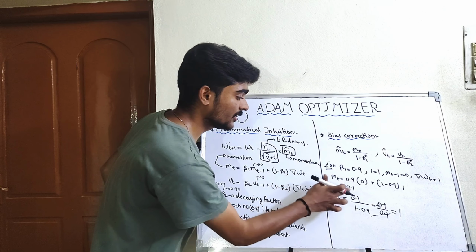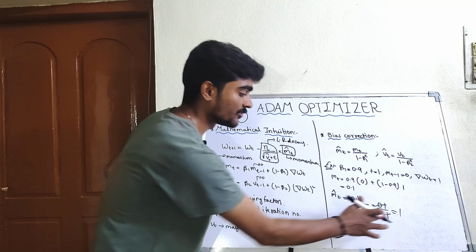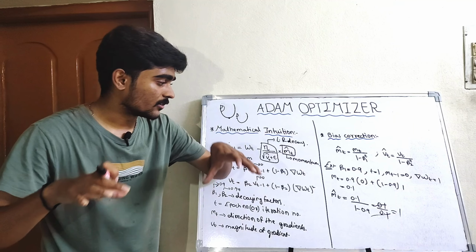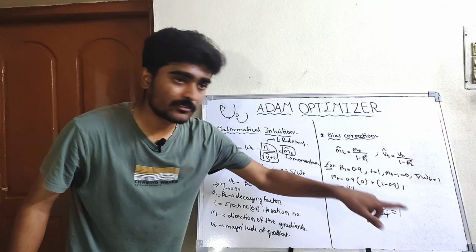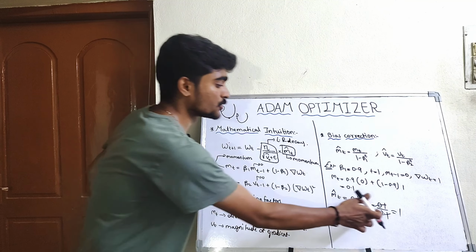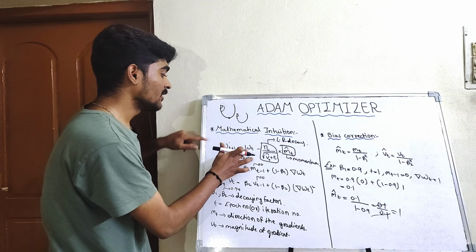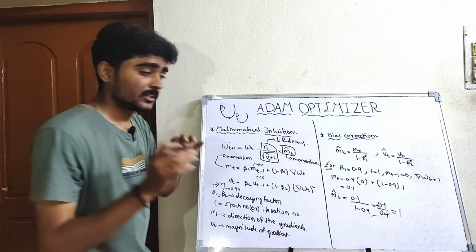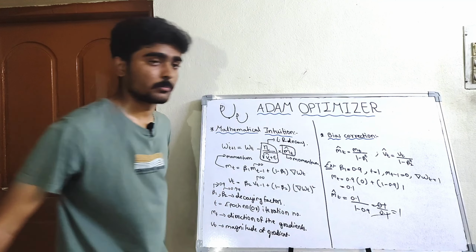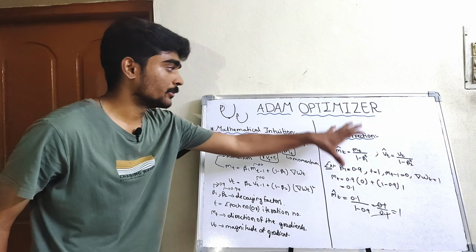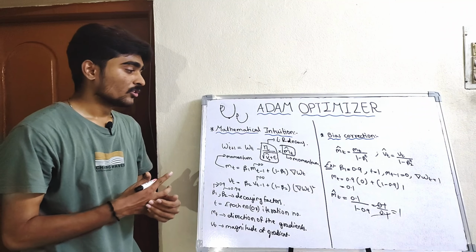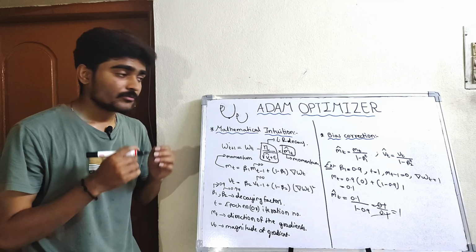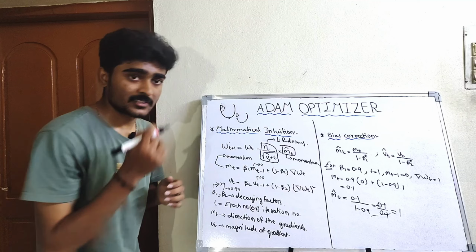Previously it was 0.1 and now it is 1, so there is a very major difference between 0.1 and 1. We can definitely see a change between wt plus 1 and wt instead of using 0.1. This is the entire concept of bias correction. To avoid the slower training at the initial stages, we use this concept of bias correction.